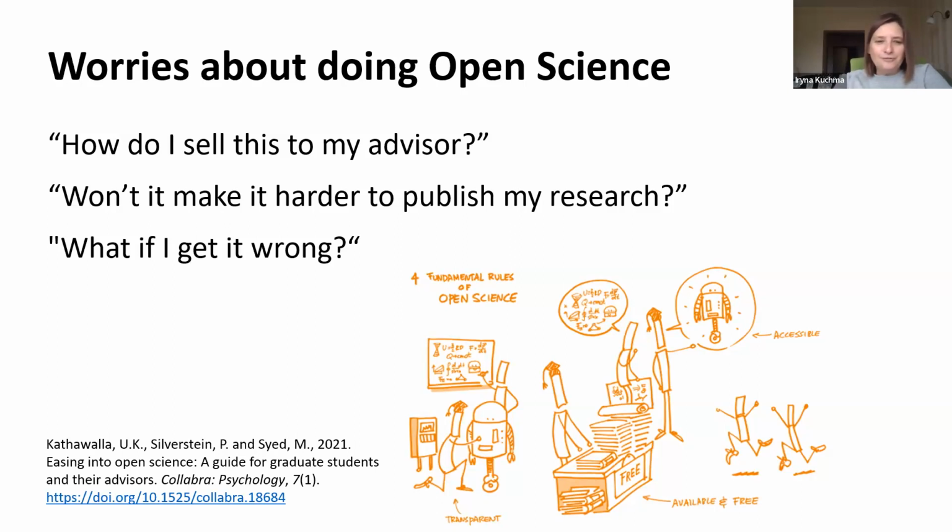But then this question, what if I get it wrong? I think that's a valid question because there are so many elements in open science, and some things are quite straightforward. What I showed you with pre-registration, it's really hard to do something wrong here because it's a simple workflow. But other elements of open science are more complex.